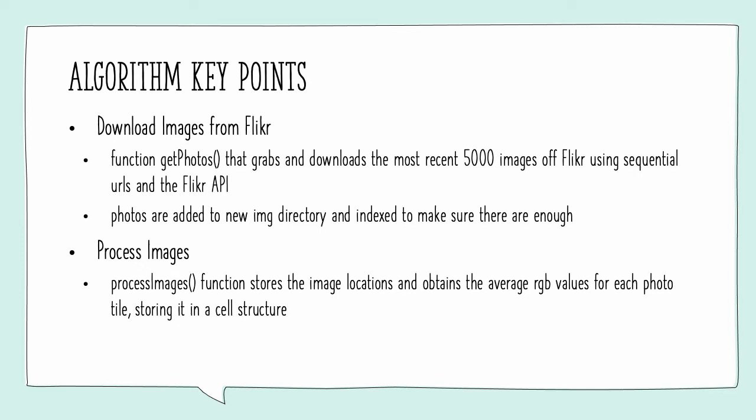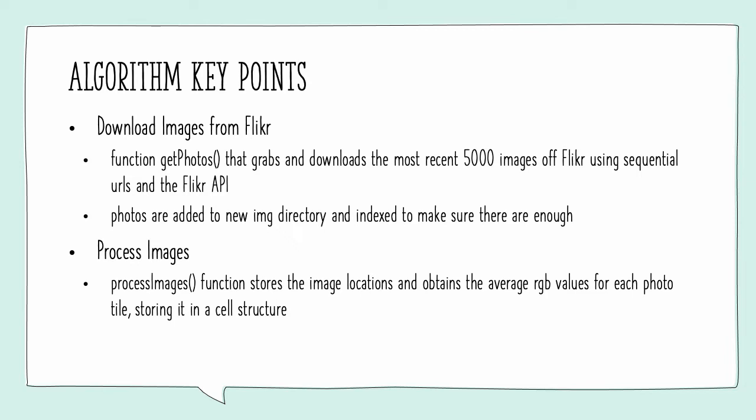The four main parts of my algorithm are downloading images from Flickr, processing images, photo tile matching, and building the actual mosaic. The first part of my algorithm is downloading images from Flickr. The function that I have actually creates a new image directory and indexes the photos for you so that you don't have to do that.